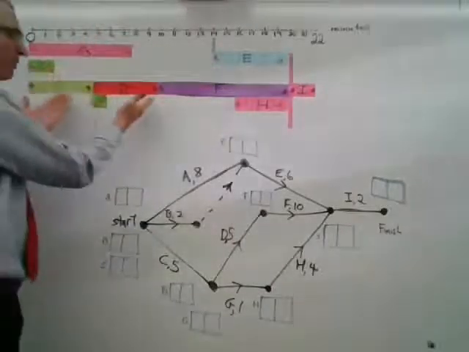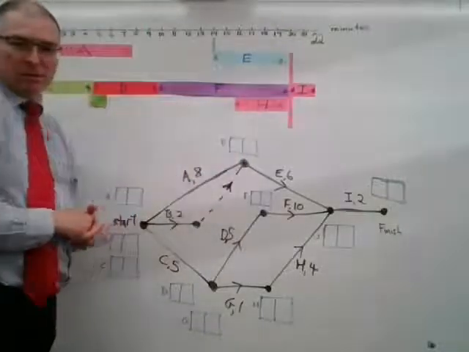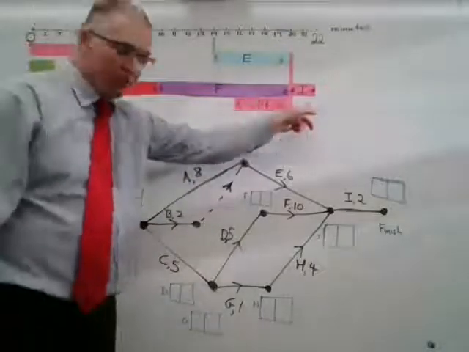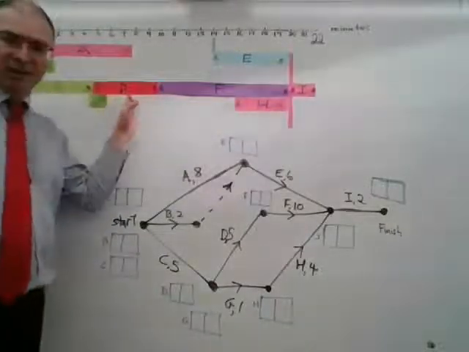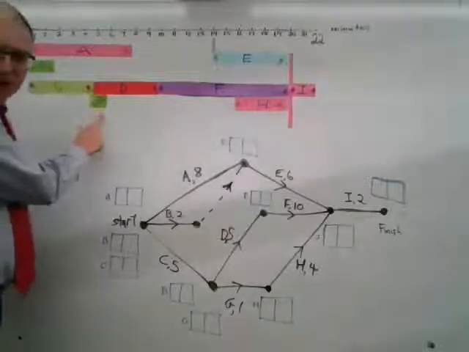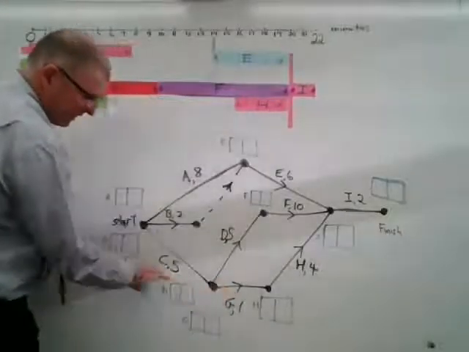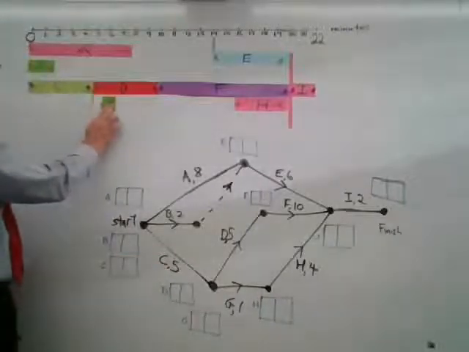As I said before, these activities are all in one big long chain. F has to happen before I, and D has to happen before F, and C has to happen before D. But here's an activity here, activity G. Activity G has to happen after C. So we finish C and G begins.